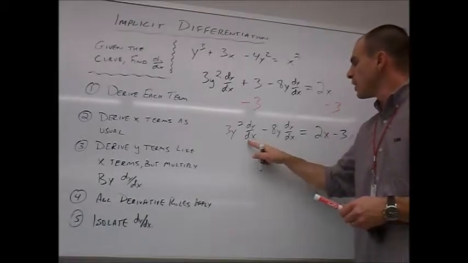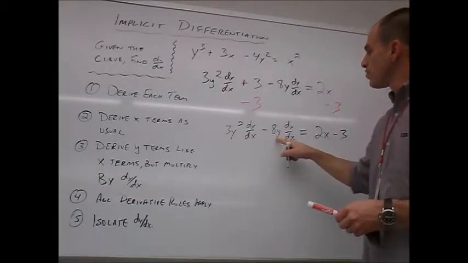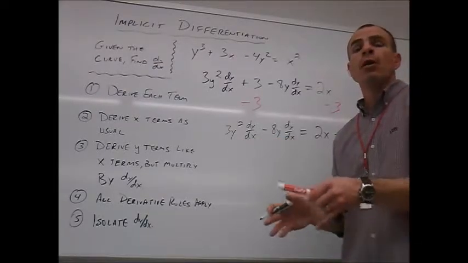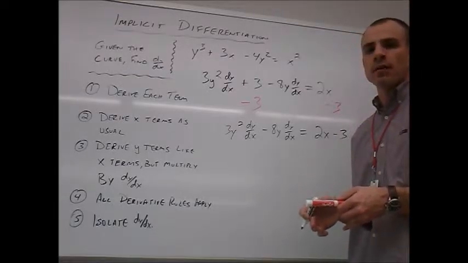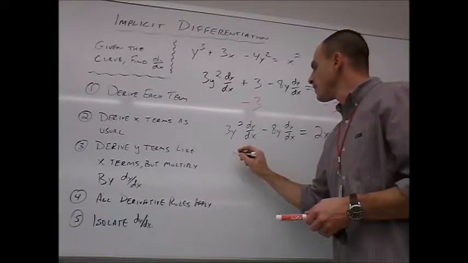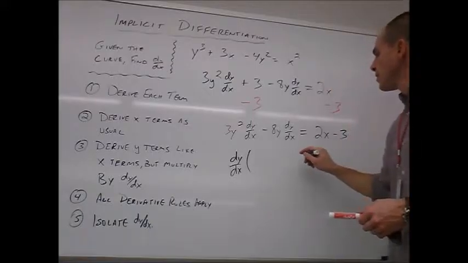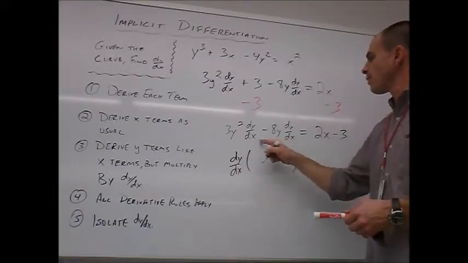Okay, so dy dx here and here, that's a common term. All right, these two terms also have a y in common. We're not going to factor that out. I know we could, but ultimately our goal is to get dy dx out by itself, so we only want to factor the dy dx out. You'll see why more in a second. dy dx, we're going to factor it out. Okay, and you know from factorization in previous years that when we factor an item out, we're dividing it out from both sides.